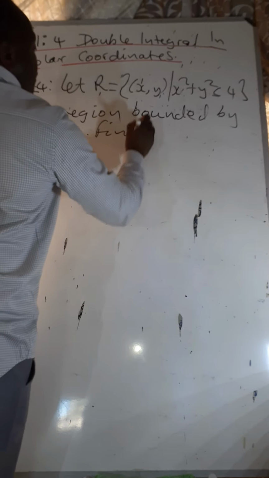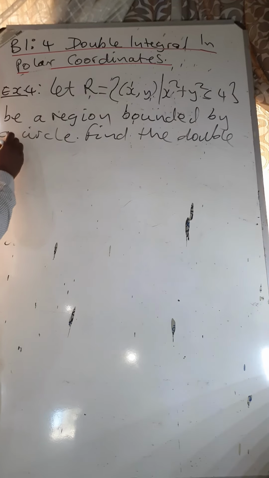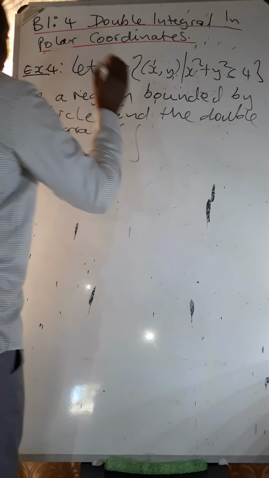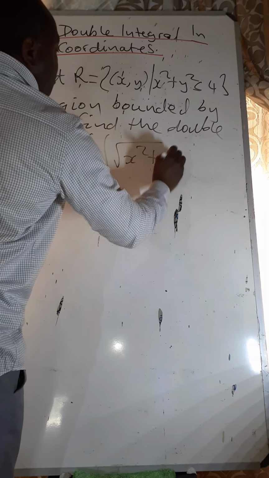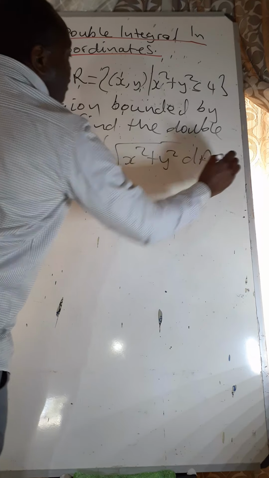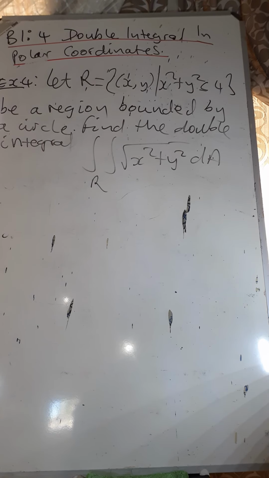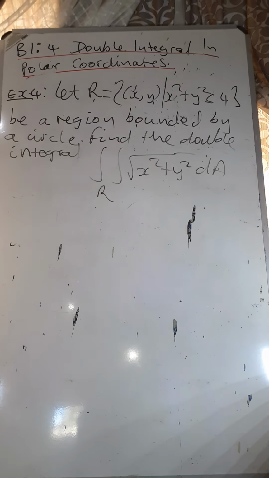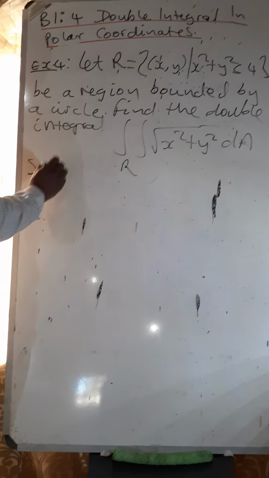So the question is, find the double integral given by the integral over R of square root of x squared plus y squared dA. Okay. Remember, dA is the same as dx dy. Now let's look at the solution.